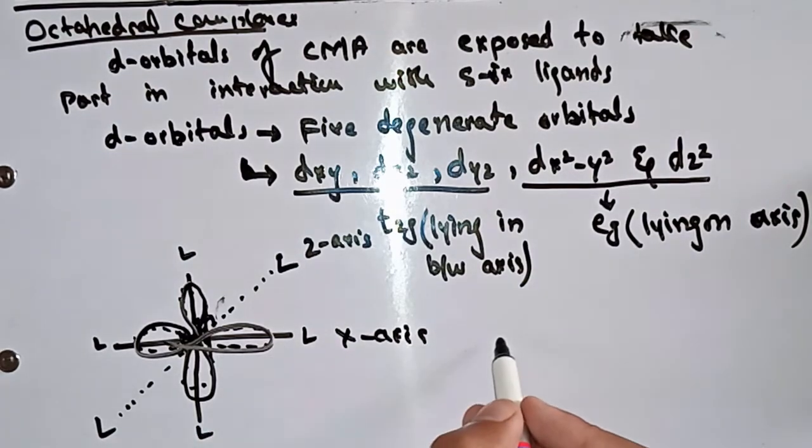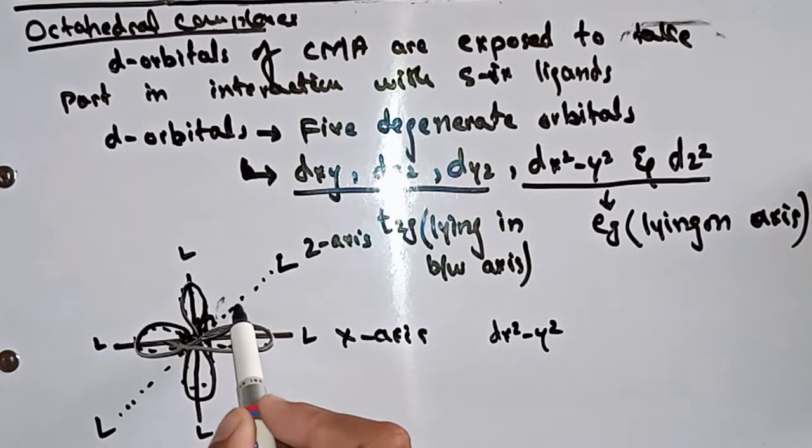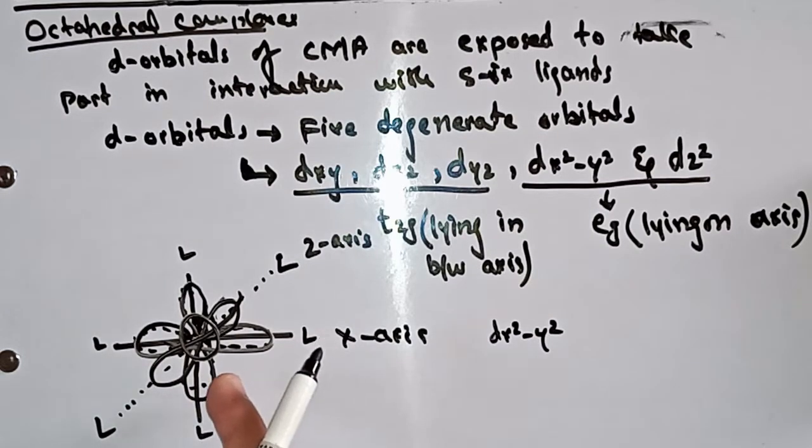The dz square orbital lies on the z-axis with a ring around it. In lecture number 2 on crystal field theory I explained clearly the shapes of the eg and t2g orbitals; you can search for it on YouTube. Is that clear?